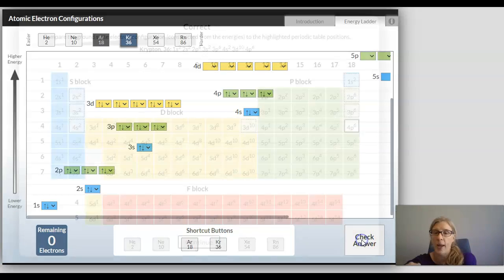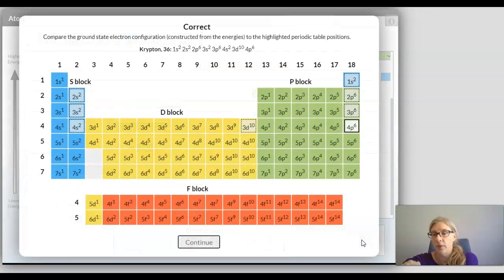And when you check your answer, it's going to show you how this electron configuration actually relates to the position of the element on the periodic table of the elements. So krypton is in this position where the 4p6 is.